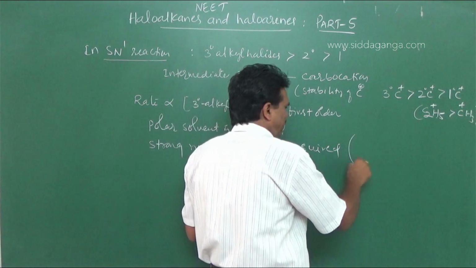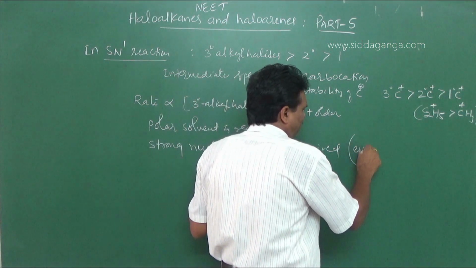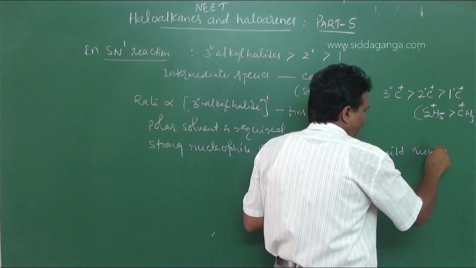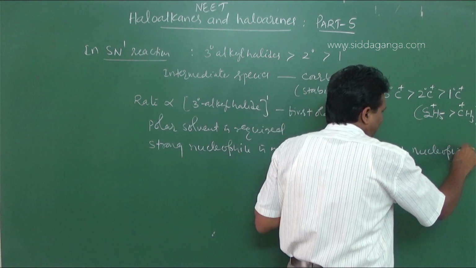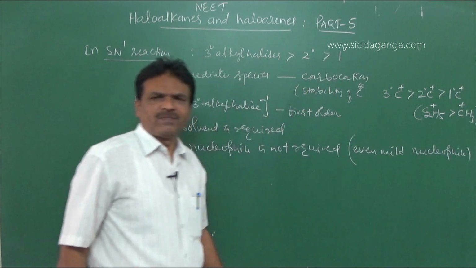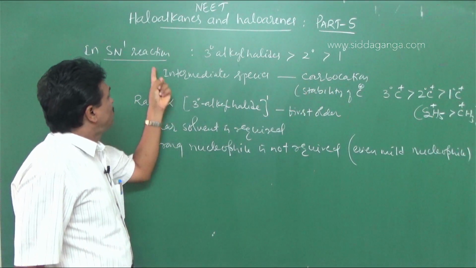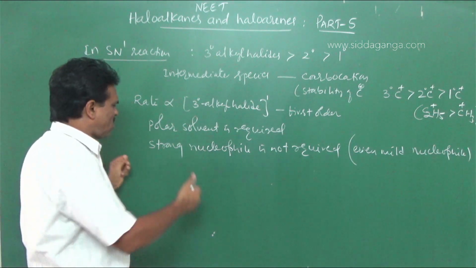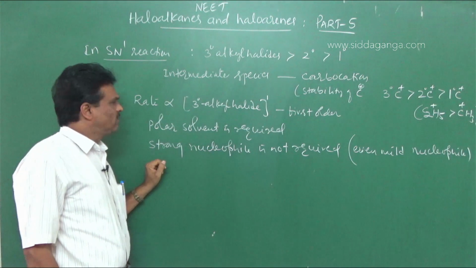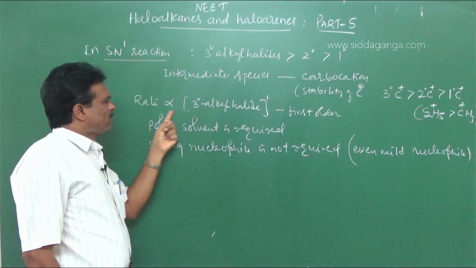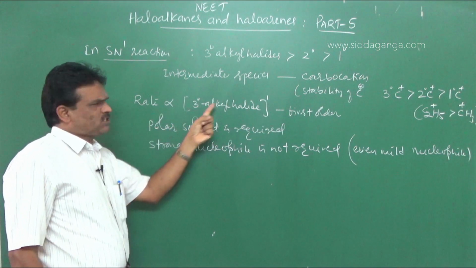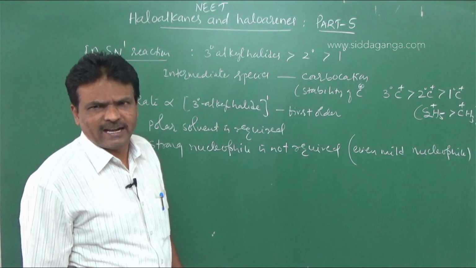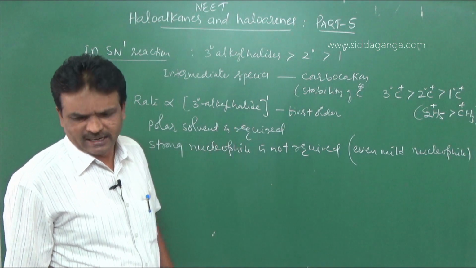So even a mild nucleophile is enough for the SN1 reaction to occur. So a strong nucleophile is not required, because the rate is proportional to the first power of molar concentration of tertiary alkyl halide.